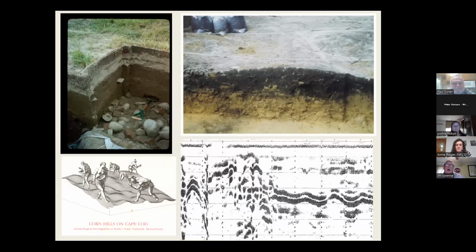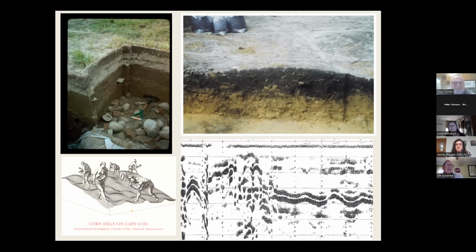One more, and that's just showing that soils can also be used for cultural resources. The mound you see in the upper right was a buried Native American corn mound that was discovered when a person wanted to put a dock in on Cape Cod. He had to apply for a federal permit, and an archaeologist went out there and saw this mound buried under about 2 meters of windblown dune sand.